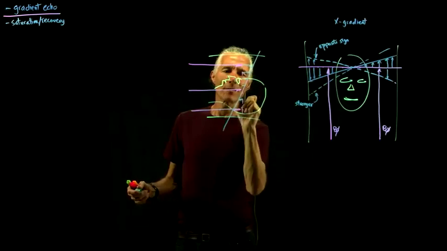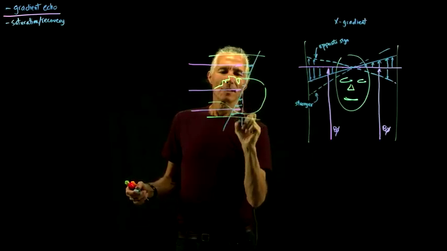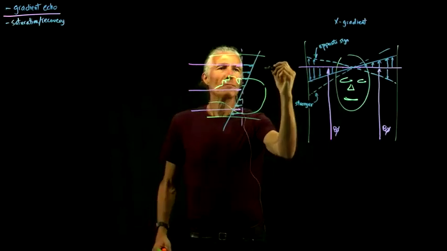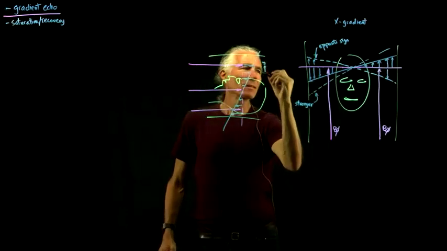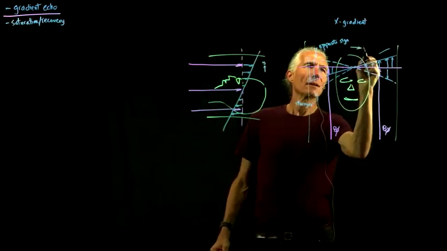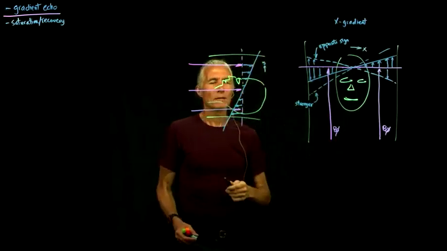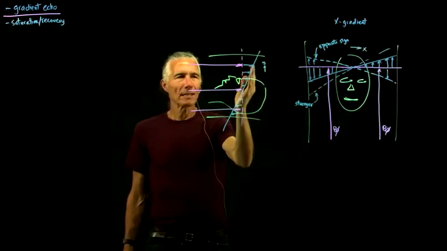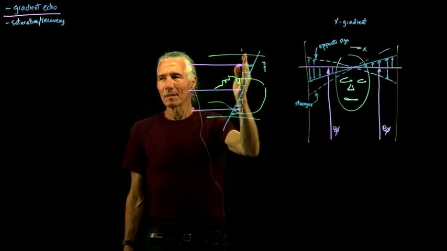That's the meaning of the y gradient. So here we're moving in the y direction. That's y, whereas this direction was x. So we move in the y direction and we add some B0 on.